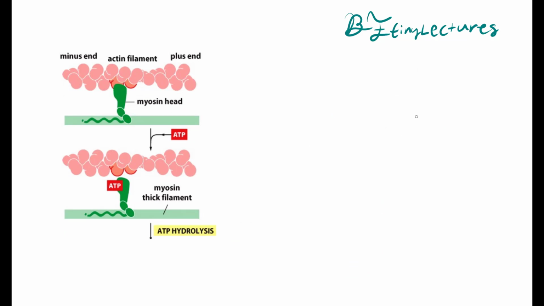However, we have to ask ourselves, how does the myosin connect to the actin filament? What happens here is that at the start of the power stroke cycle, the myosin is bound to the actin filament.